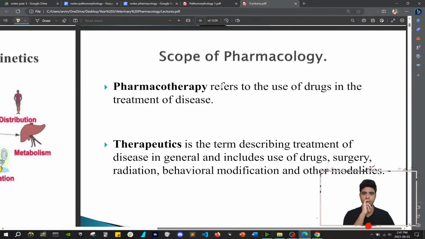Pharmacotherapy refers to the use of drugs in the treatment of disease.